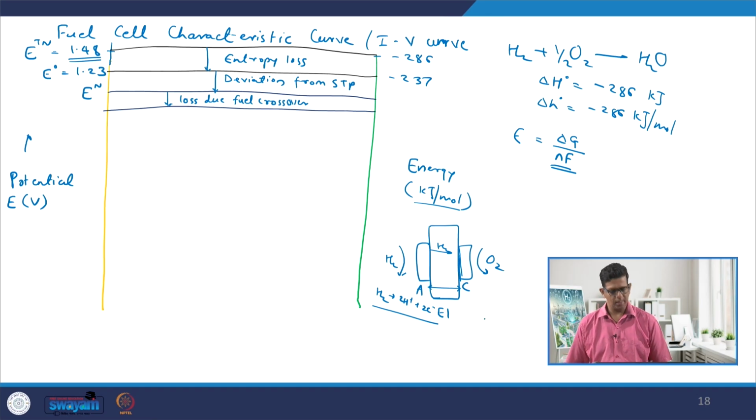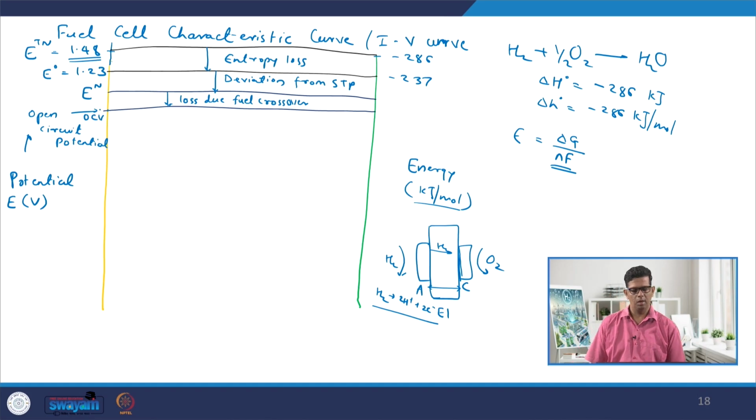However, in practice, if we increase the thickness of the electrolyte, it will also incur more losses in the ohmic zone, which we will come to see now. So, these are the different losses that take place, and this is where finally we get to see the open circuit potential or voltage, which is also written as OCV.